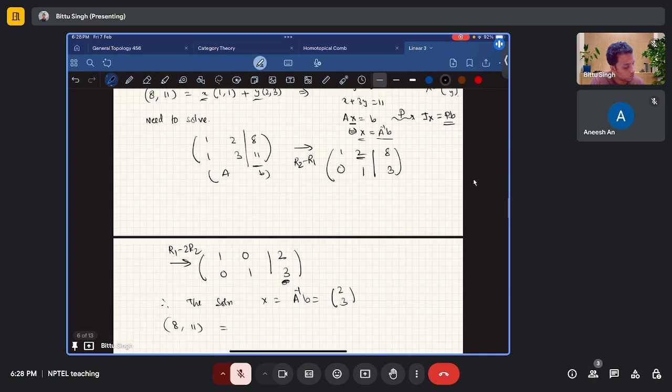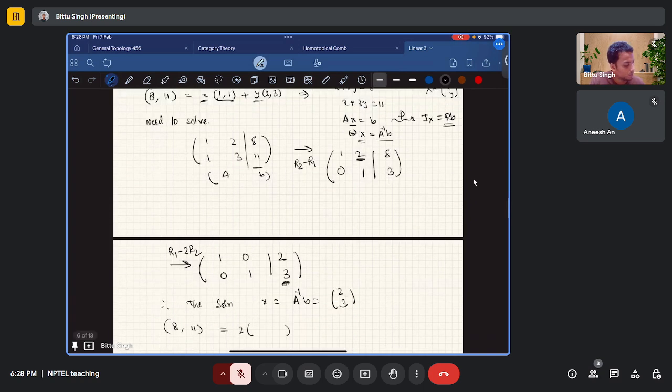Okay, so 8 comma 11 is the same as 2 times 1 1 plus 3 times 2 3, because x is the same as x comma y. So you can see that this matches. 3 times 2 is 6, and 6 plus 2 is 8, and 11 can be written as 2 plus 3 times 3.